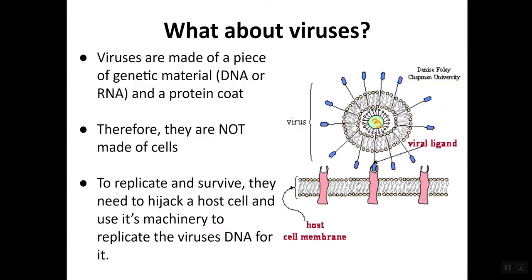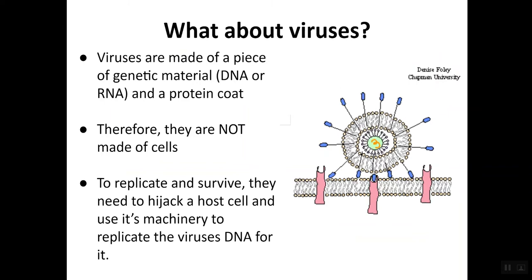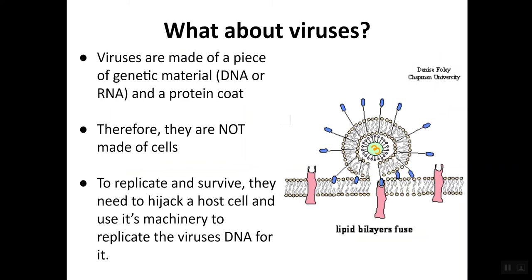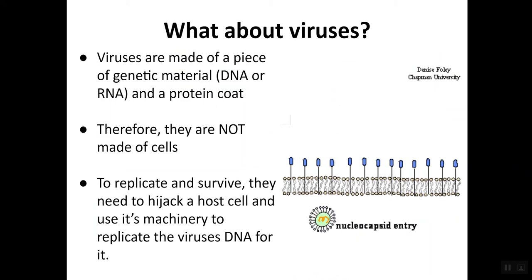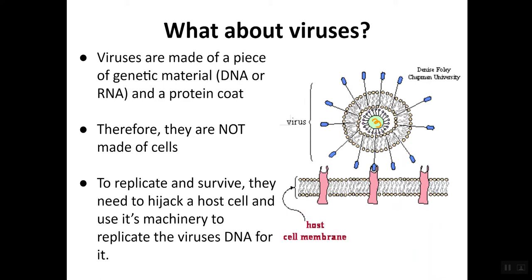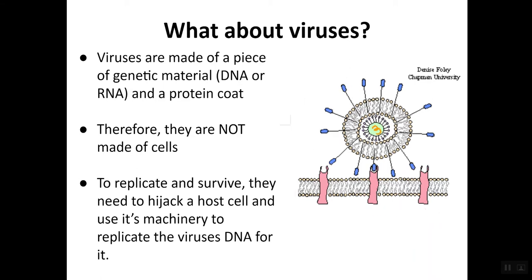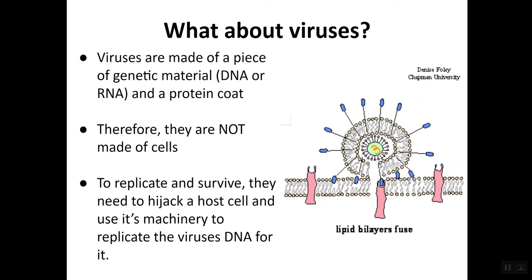All right, now what about viruses? Viruses are, of course, a pretty hot topic right now, and just understanding viruses, where do they fall? Are they multicellular? Are they unicellular? Well, viruses are made of a piece of genetic material, either DNA or RNA, but never both, and a protein coat.